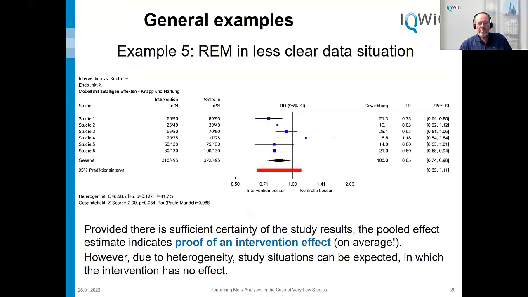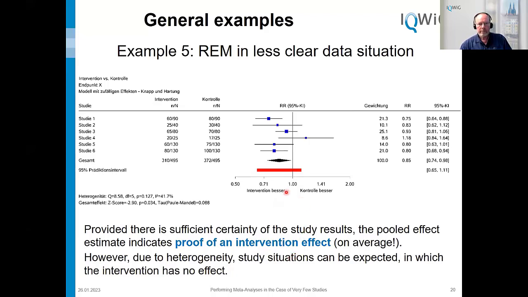So in a less clear data situation, it may be that from the confidence interval you can conclude there is an effect, but this refers to the average. The prediction interval includes the zero effect, so you still can conclude that the intervention is beneficial on average, but you have to keep in mind that due to heterogeneity, study situations can be expected where the intervention has no effect.